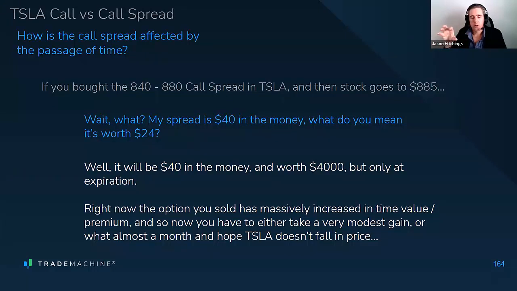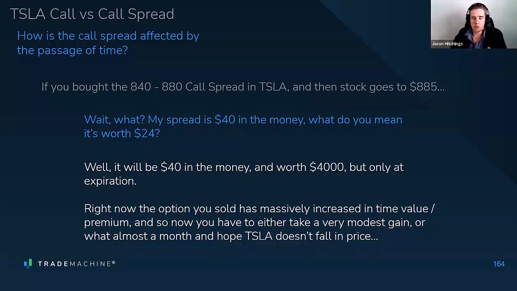And so now all this time value is locked into that option you sold. And in order for you to realize your maximum profit, you're going to have to wait. You're going to have to wait until expiration for that to expire and hope that Tesla doesn't go back down in the meantime. And that's a very real world scenario when trading spreads.